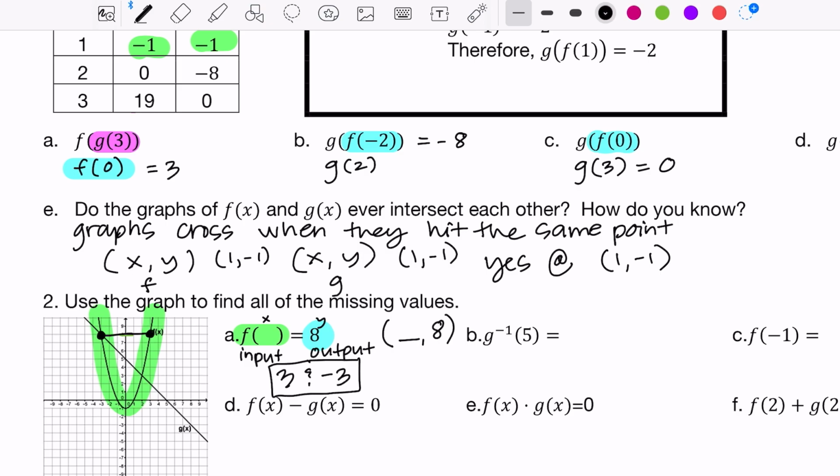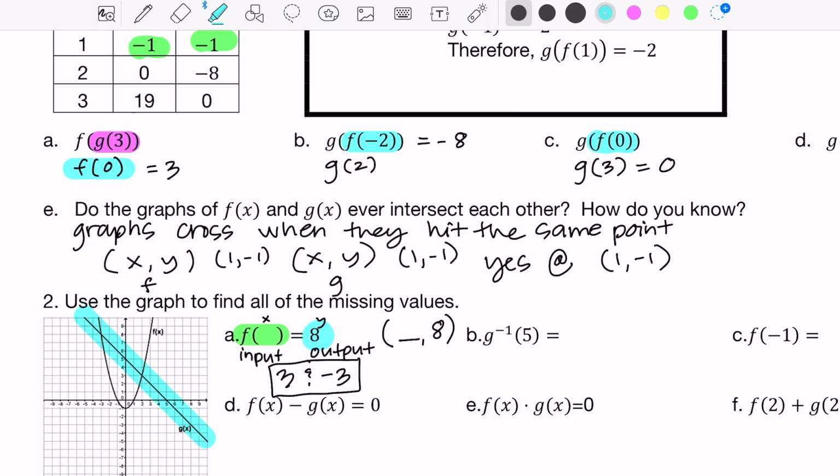Okay. The next one says g inverse of 5. Well, first of all, what you need to recognize on here is that you do not have the inverse graph for g. All you have for g is this right here, which is the original graph, right?